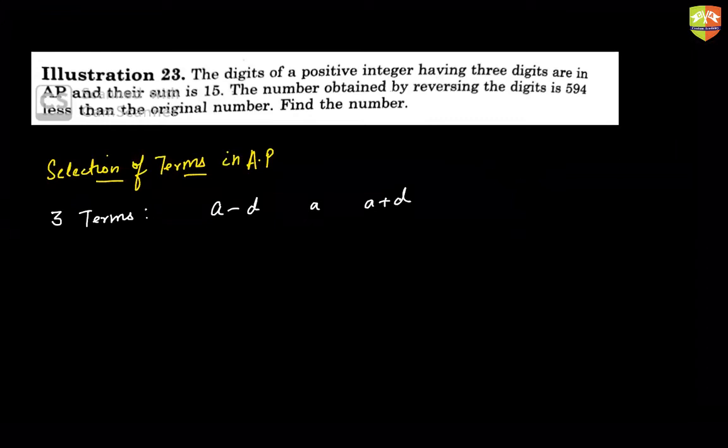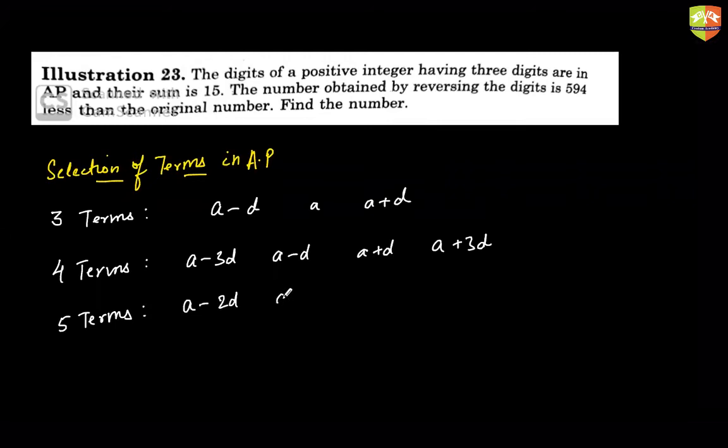Okay. Now I'm solving this. All of you please pay attention. If you're asked to select 4 terms in an AP, we normally select it as a minus 3d, a minus d, a plus d, and a plus 3d. Now, what is the benefit of selecting terms like this? If you add them, you would realize that the d completely gets cancelled off. If you're asked to select 5 terms, it will be a minus 2d, a minus d, a, a plus d, a plus 2d.